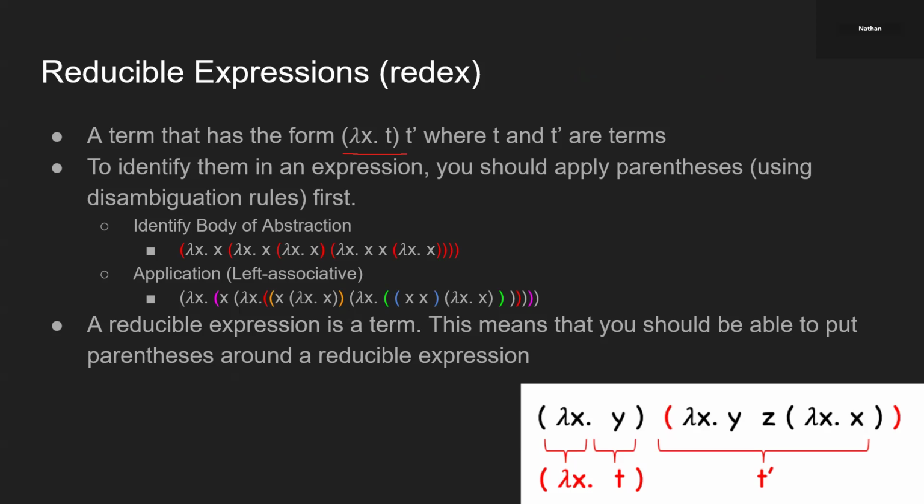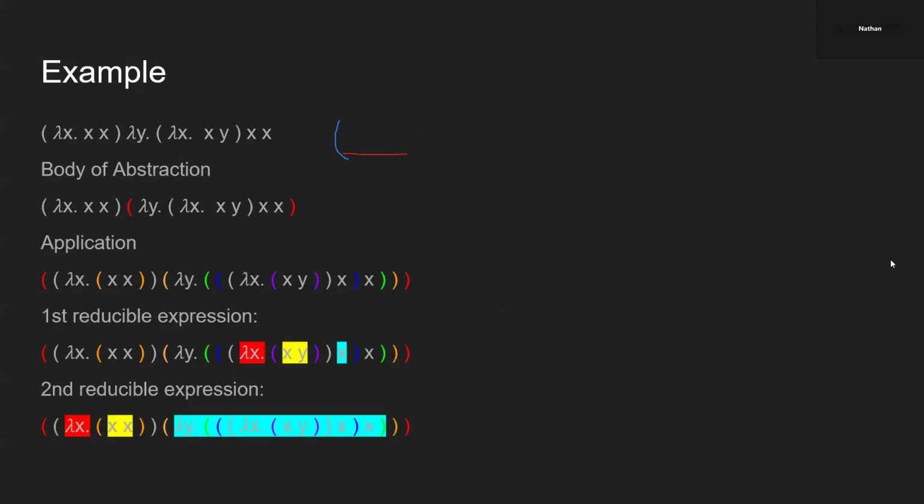So this means that you should be able to put parentheses around a reducible expression, which goes back to what I said earlier. You should be able to drop parentheses around this and it would be valid. So next slide. Here's an example where I do both the disambiguation rules and use those disambiguation rules to find redexes.